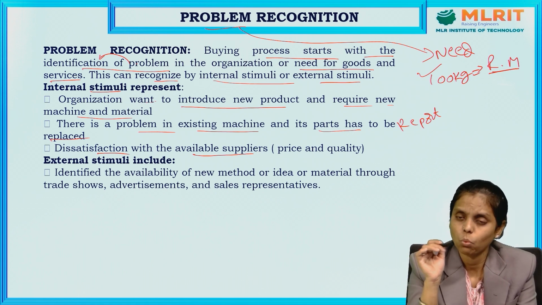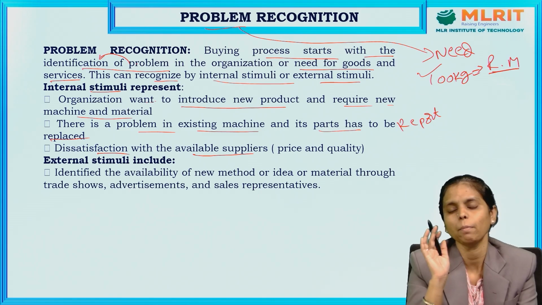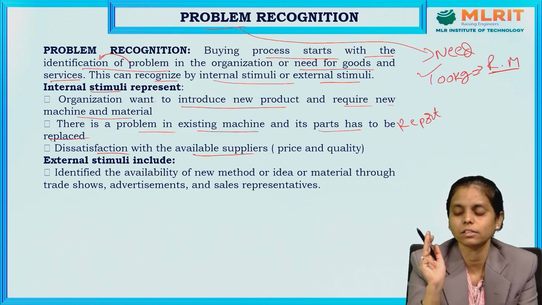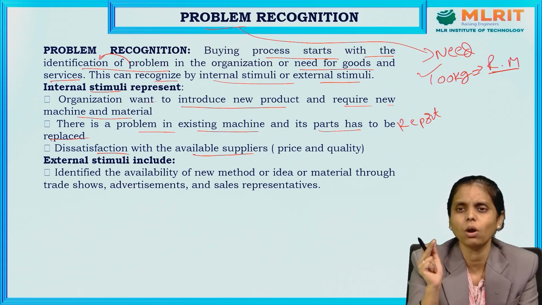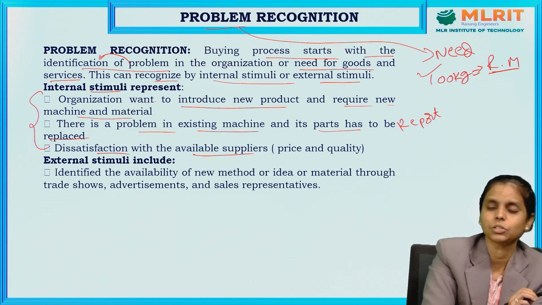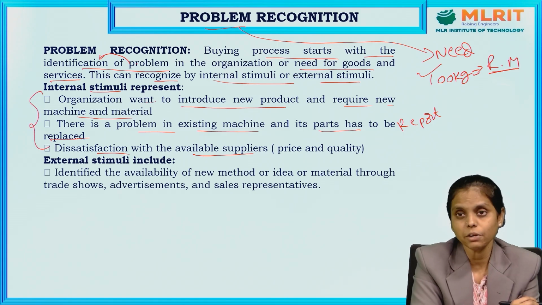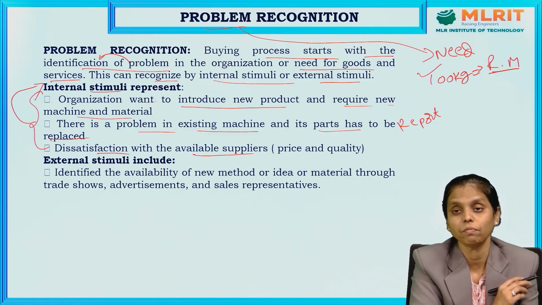Whoever we are buying the product from, we are not very happy with them. The quality of the product they supply and the price they charge, we feel, is not up to the mark when compared with other suppliers in that market. All these reasons help an organization identify the need for a product, and all these are internal to an organization, within our organization.